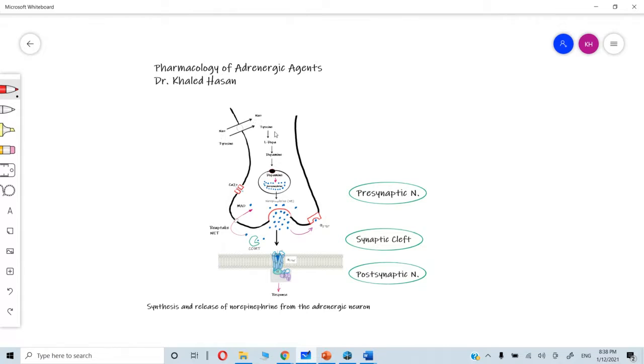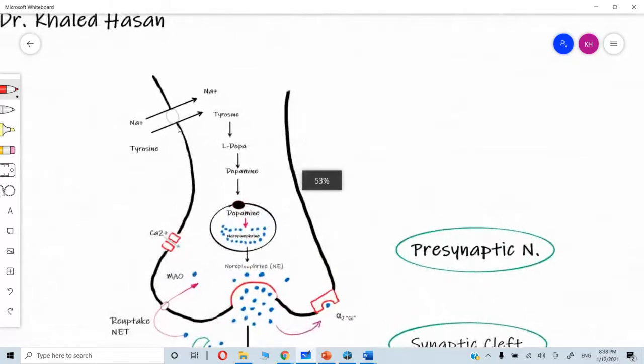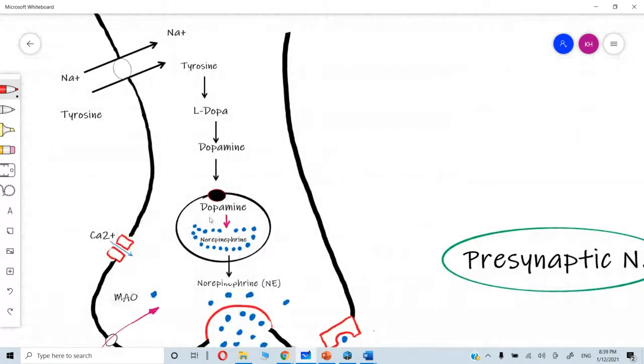Then the tyrosine enters the neurons and is converted to L-DOPA through the effect of DOPA decarboxylase. L-DOPA is converted to dopamine, and the dopamine enters the vesicles. Inside the vesicles, the dopamine is converted to norepinephrine.